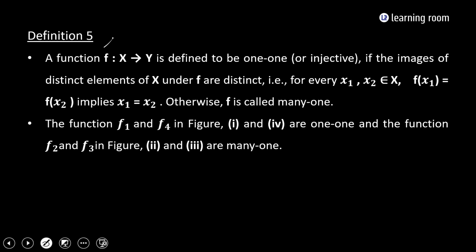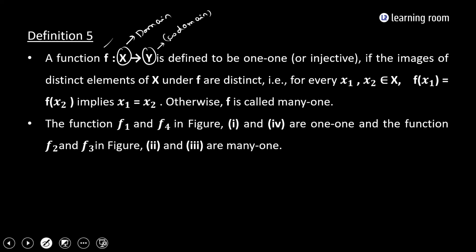Let's say there is a function which is mapped from a set X to set Y. Set X is the domain. Set Y is the codomain. That will be equal to range only for an onto function.